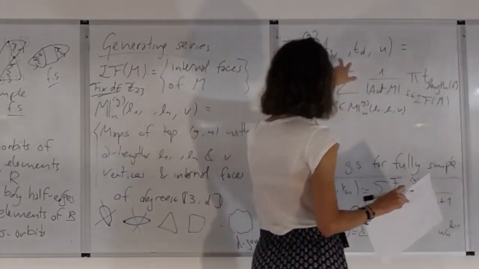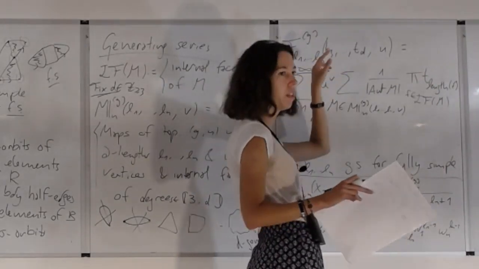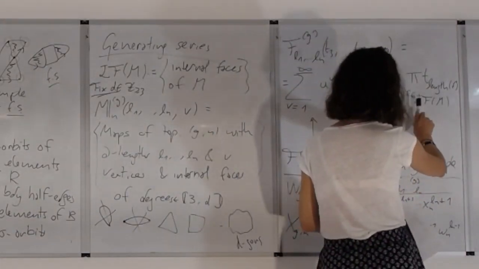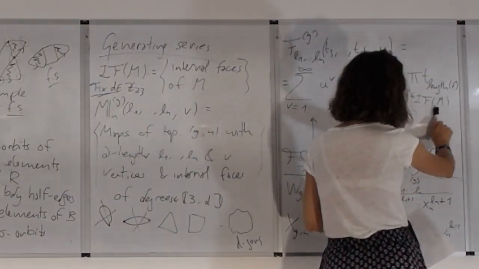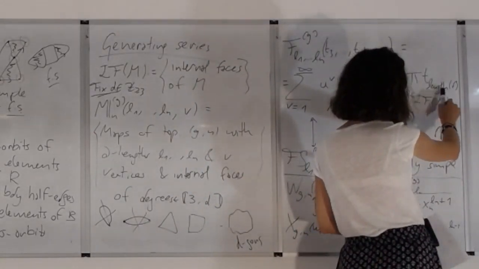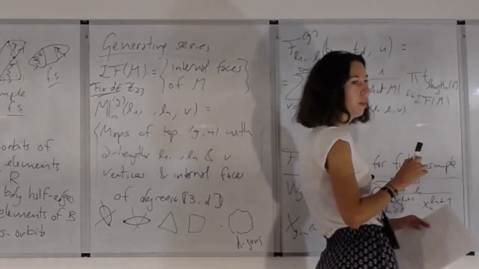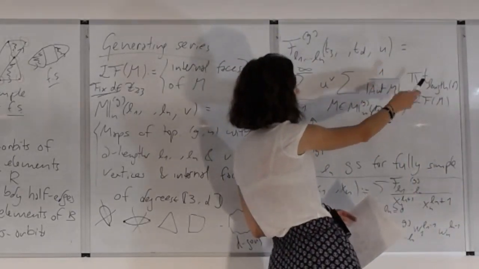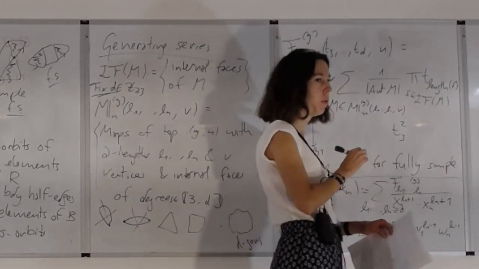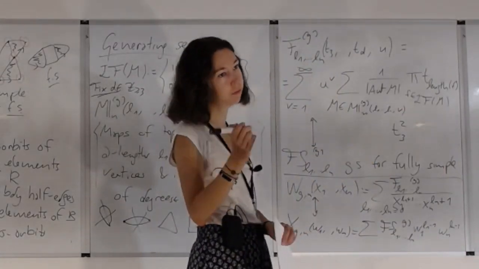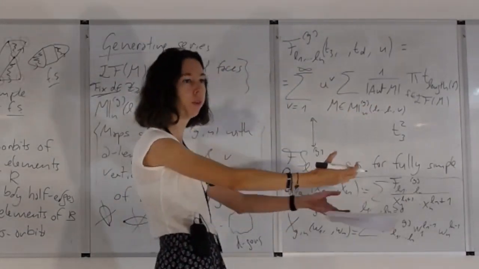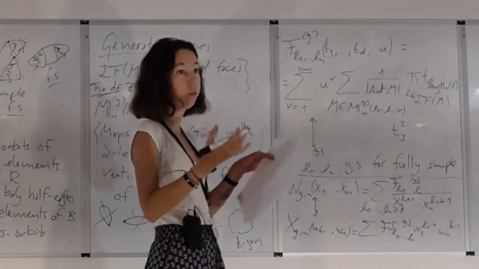So these are just parameters that count how many internal faces of every degree you have. This is f running over internal faces of M. And then you take the product of t_length(f), which is what I'm describing. So here you will have, I don't know, a generating series with t_3 to the 2. This just means that you have two internal triangles. So you encode this information in your generating series. You will be able to extract coefficients as you want, so you can recover this information.